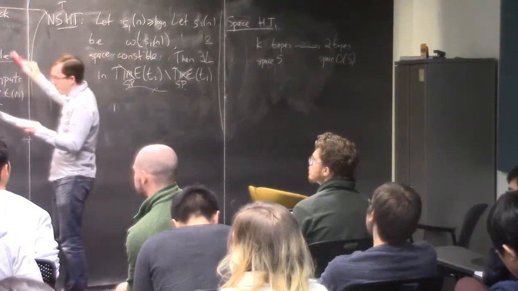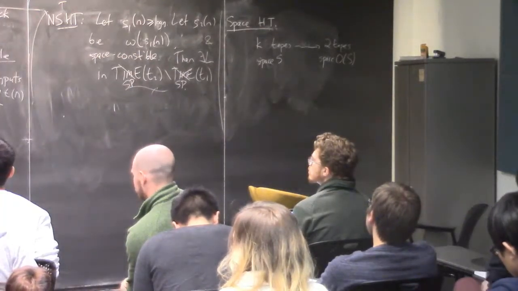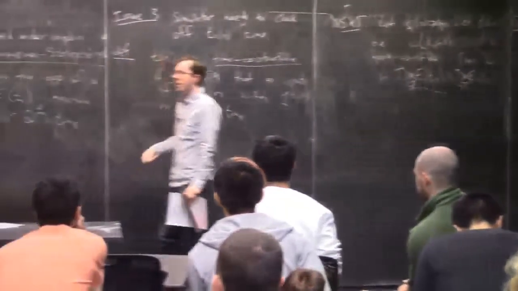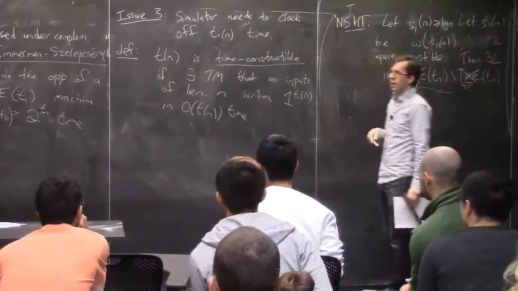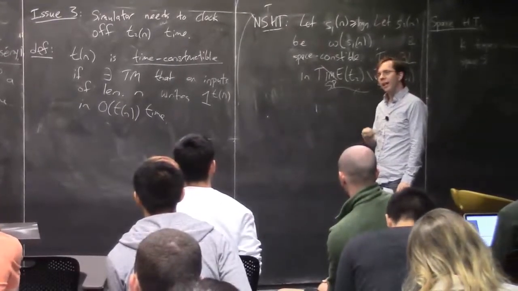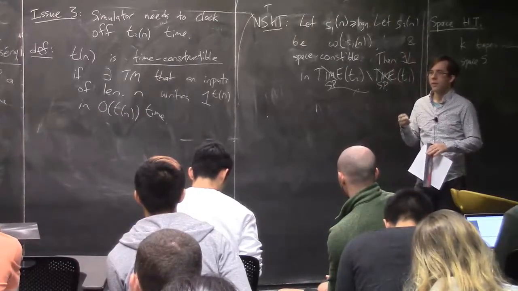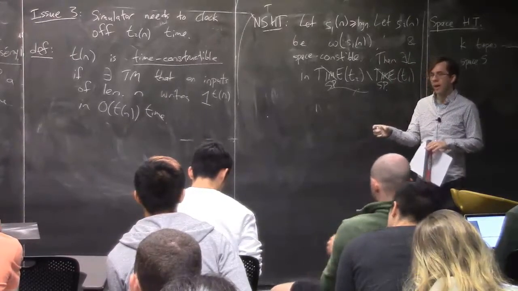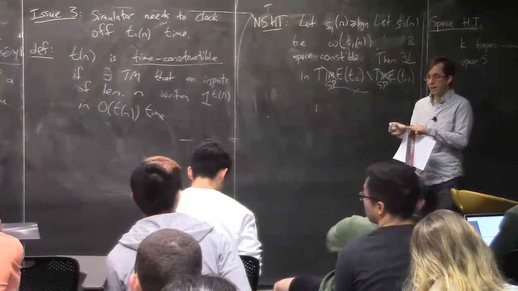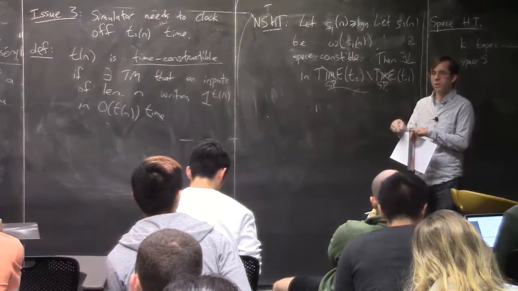Okay. So that's an idea. And we're going to use this idea in the non-deterministic time hierarchy theorem proof together with something called delayed diagonalization. Delayed diagonalization at a high level means you don't just try, for each machine running in t1 time, as a simulator, to differ from it on one specific input, like the input that encodes the machine.